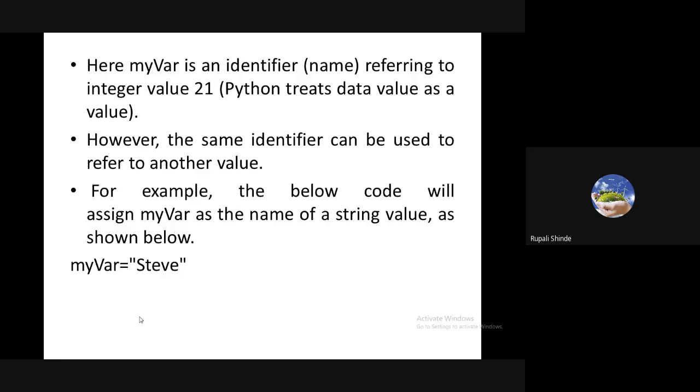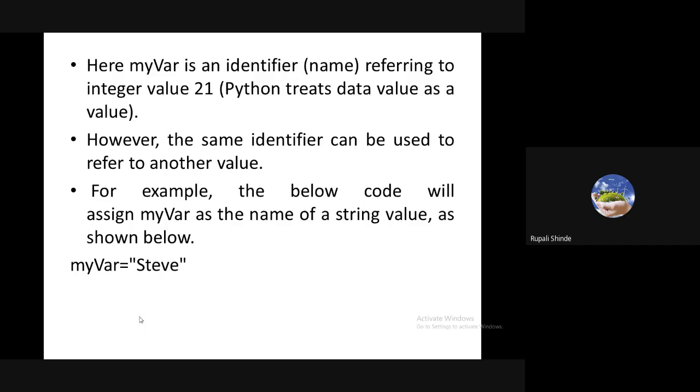But in Python, if I declare any variable, then any type of value can be stored in that respective variable. That's why the variable is nothing but the label of a value. Instead of type of value, it is the label of value. So we can assign any type of value to that particular variable. For example, the below code will assign myVar the name of a string value, as shown below. So whatever variable we declared previously, that is myVar, we can assign a string to the same myVar.